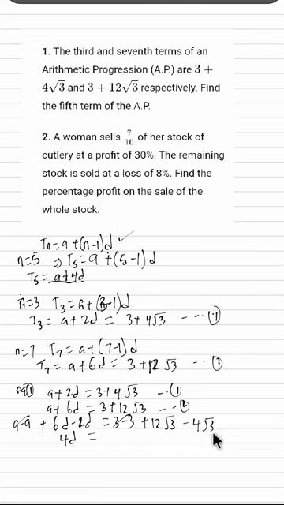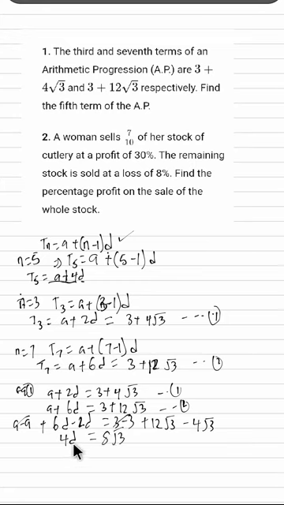They have root 3 in common, so you can easily subtract them together because they have the same coefficient. Now 12 minus 4 gives us 8, so here we have 8 root 3.